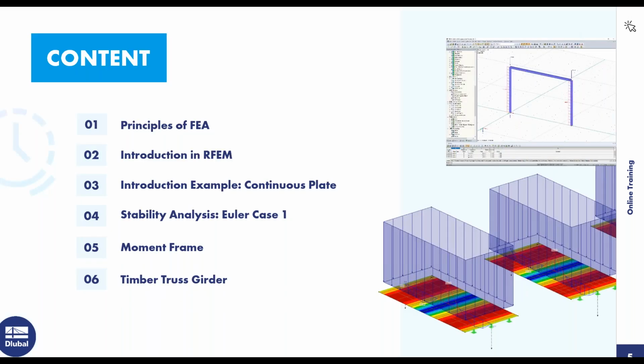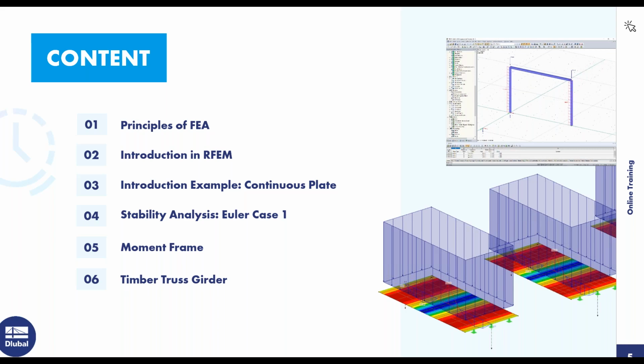And here's the content for today. First we'll start off with going through the principles of FEA, and then we'll go into an introduction into the RFEM software. And then we'll begin with our first example, which will be an introduction example using continuous plates. And with that one, we'll go through plate theory.